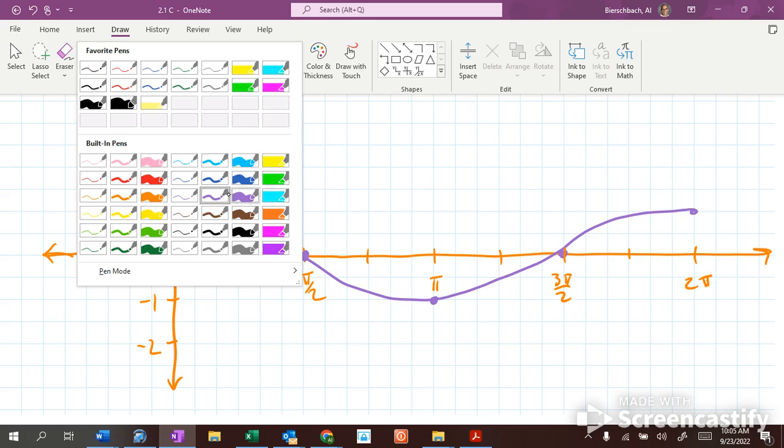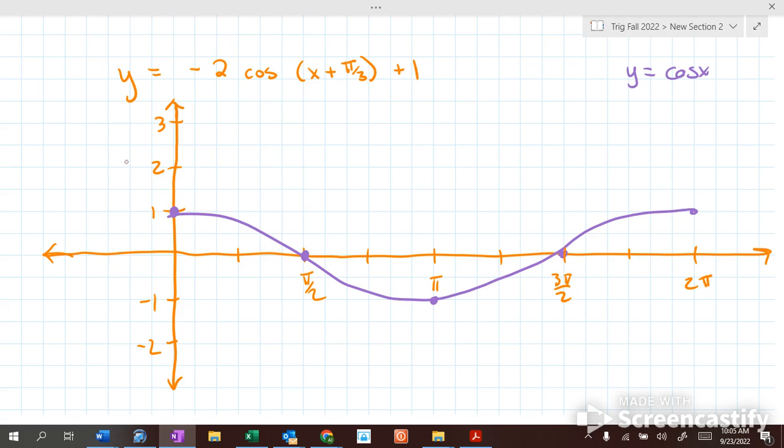Next graph, let's go pink. There we go. Y equals -2 cosine of x. It's going to be hard to see for some of you guys, I guess. So what do we do? Where is our first point going to be at? 0 what? If it's -2 cosine of x. 0, -2.